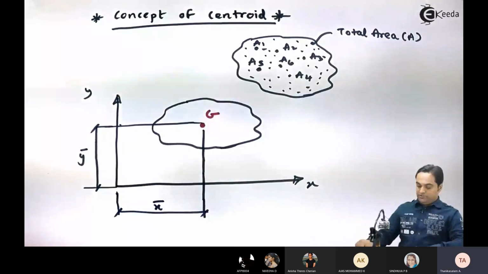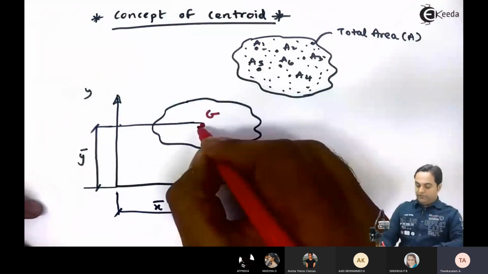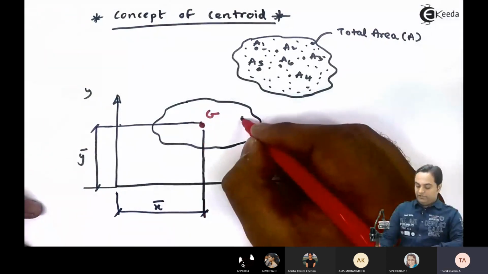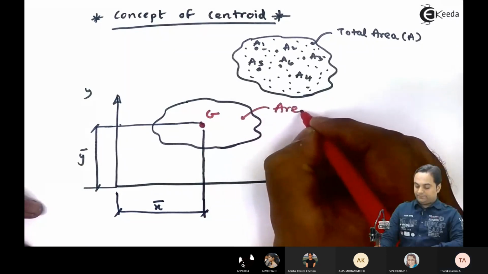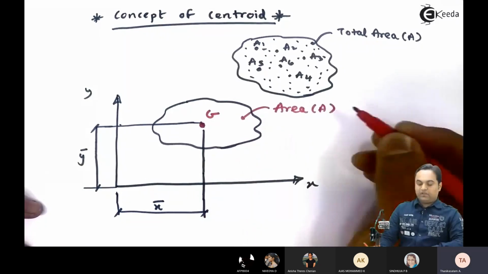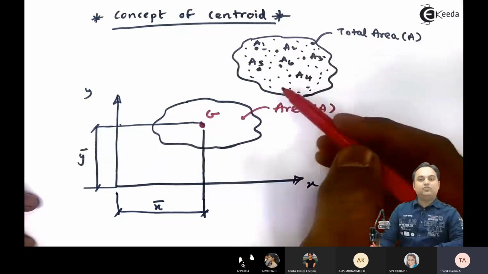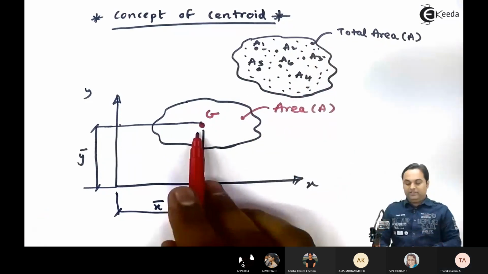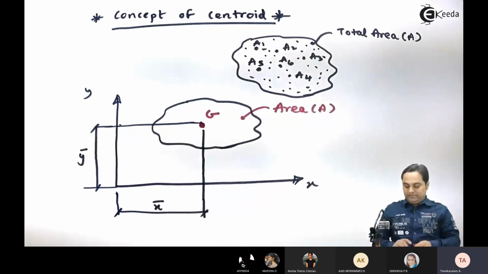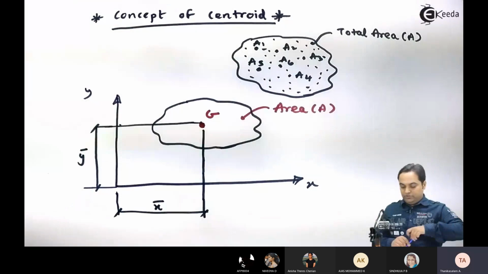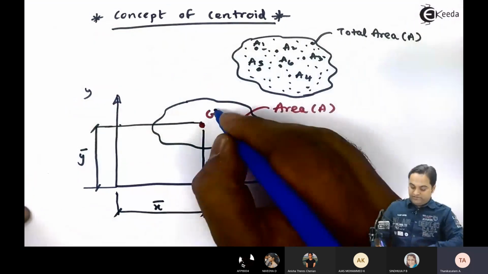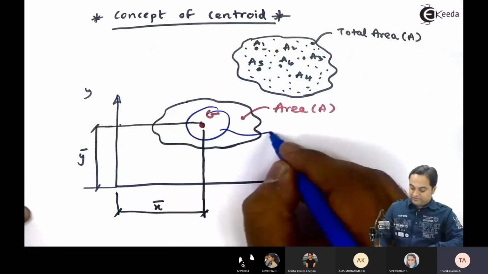So in other words, here we have a single point which is denoting the entire area. Instead of showing area at individual points, we show area at one point. That single point is nothing but the centroid. So here, the letter G which I have written indicates the centroid.